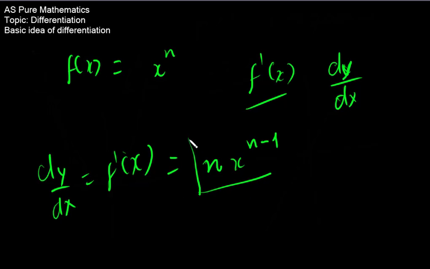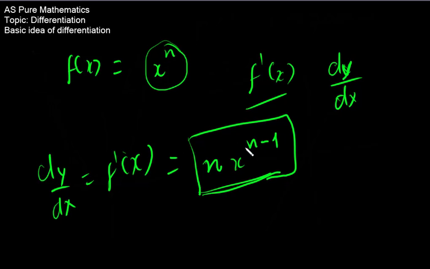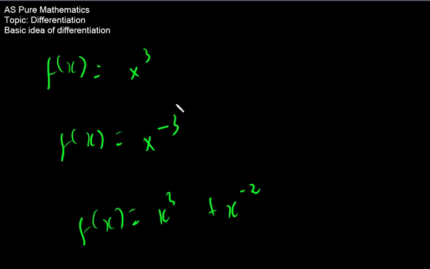So basically, when you're given a function f of x and it has this sort of term, you differentiate it into this. Let's say we have a couple of examples. Let's say we have these 3 examples: f of x equal to x to the power of 3, f of x equal to x to the power of minus 3, and f of x equal to x to the power of 3 plus x to the power of minus 2.